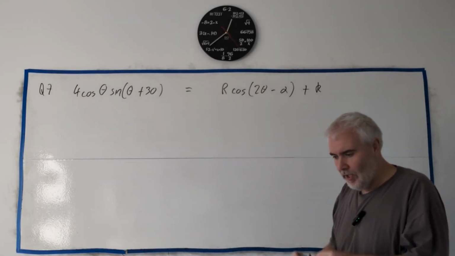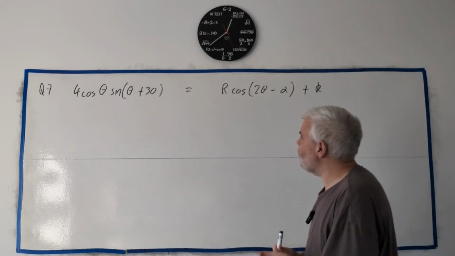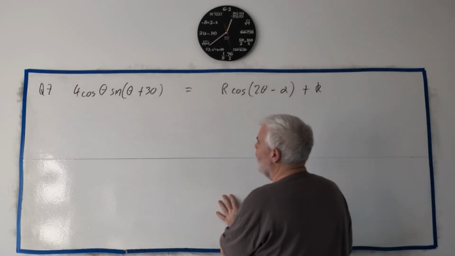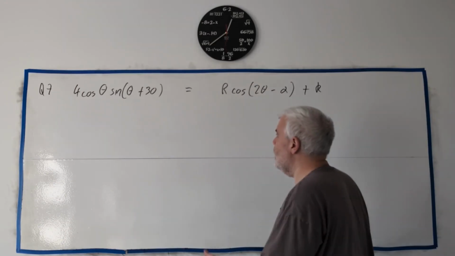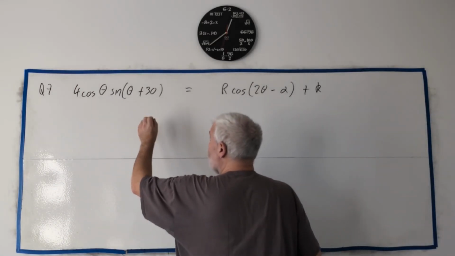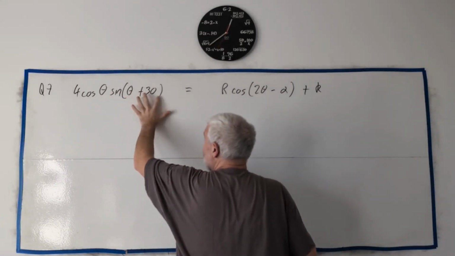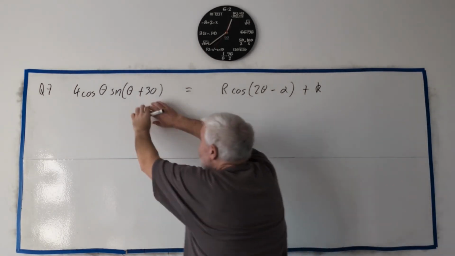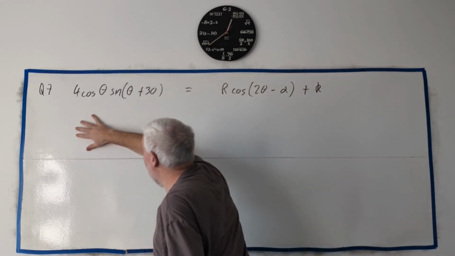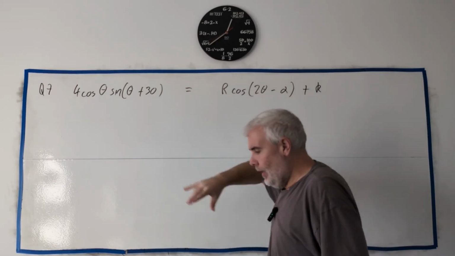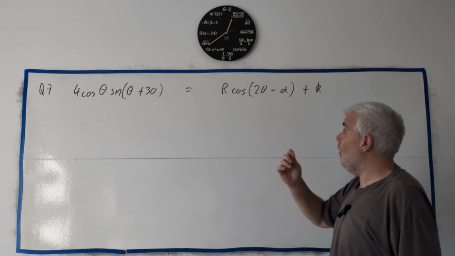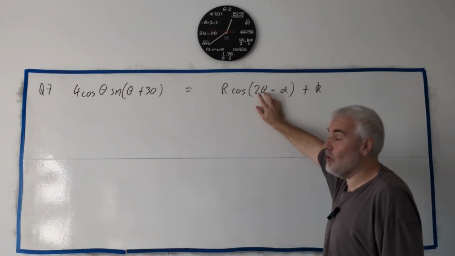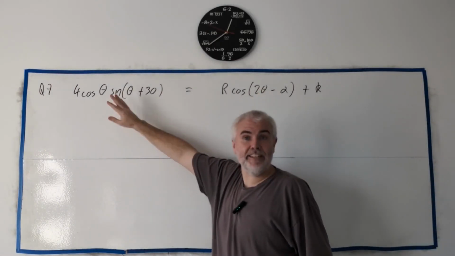Okay, so first of all, let me explain what we're going to do in this question. What we're going to do, and it's not clear at the beginning, I didn't know this until I jumped into the question, is we're going to use our rules for sine of two angles adding, and we're going to expand this out. We're going to get a bigger mess here. And then we're going to step back and think, oh, what to do next? And I'm going to notice that over here is a double angle and here has a single angle.